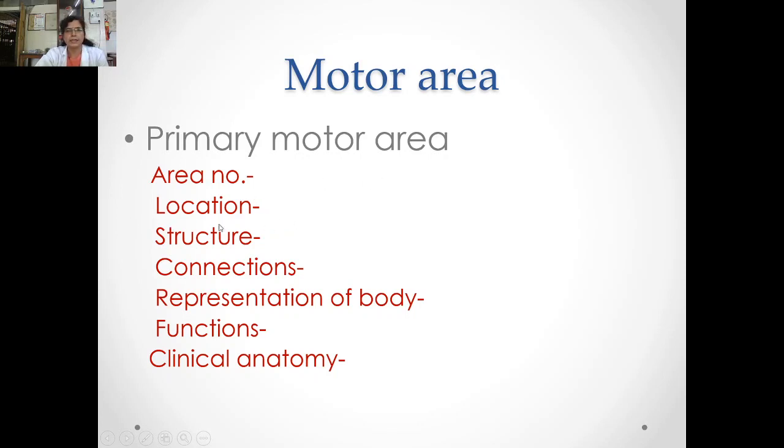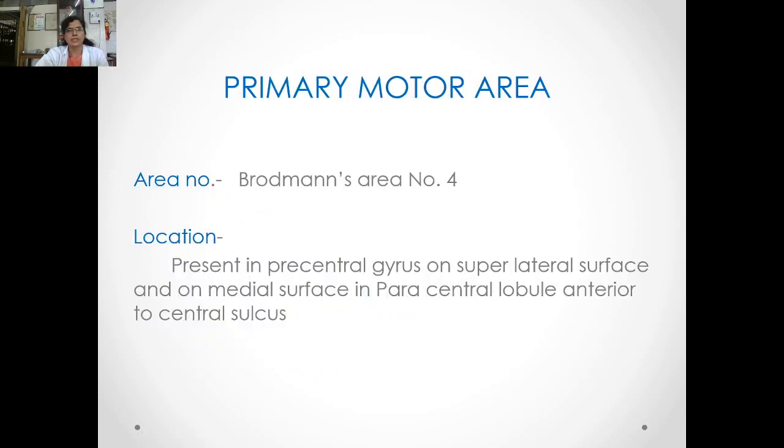Then location of that area, structure, connections, representation of the body in that functional area, which is important in the case of the primary motor area and the primary sensory area. Then functions of that functional area, and the last point, the clinical anatomy. If we learn the functional area under these points, it is very easy to remember and understand.